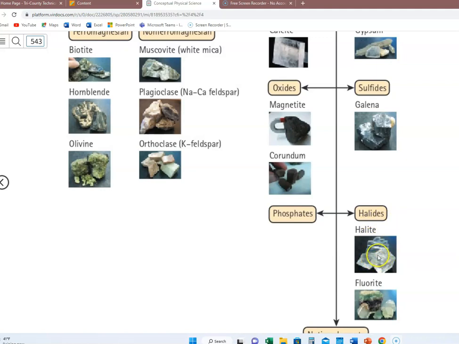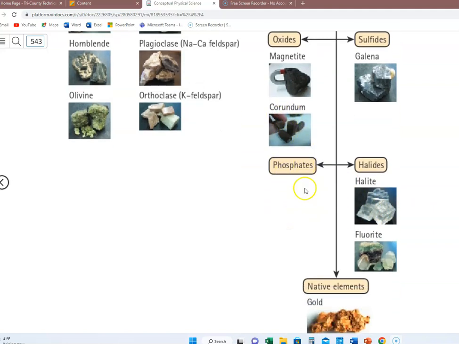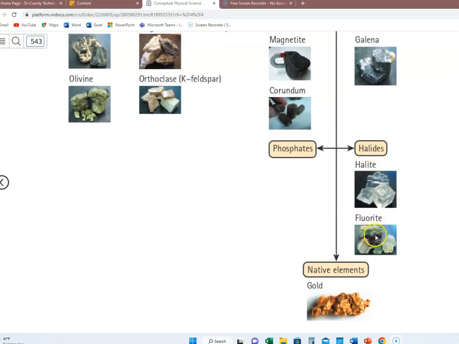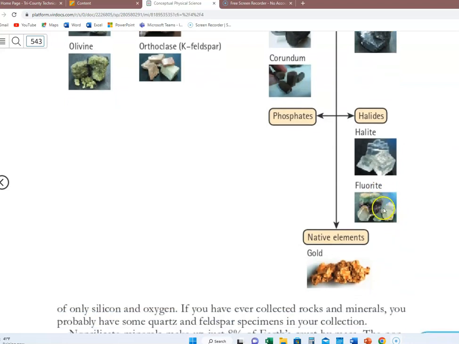Halite is common table salt. One of the phosphates is corundum, and then of course on the other side with the halides is also fluorite, which we use small little bits of to make toothpaste. Well, fluoride toothpaste. And here of course the native element would be gold.